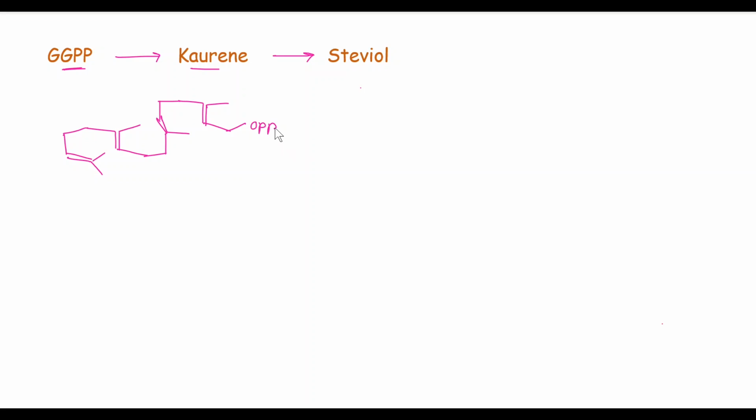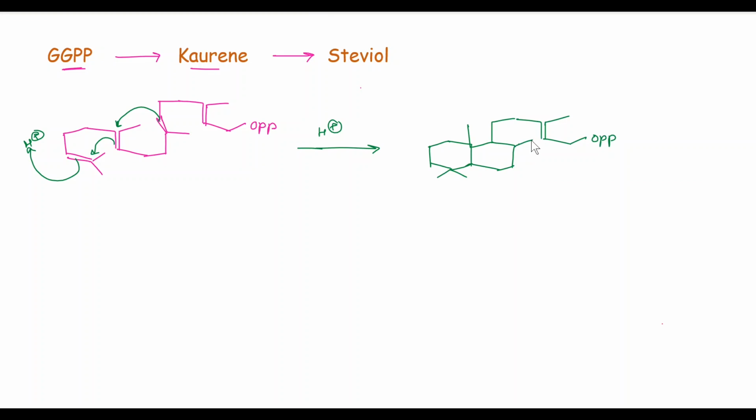Then in the first step, protonation takes place with cyclization. This double bond attacks on this double bond, and this double bond attacks on this double bond, and protonation of this double bond takes place with cyclization, and we get a positive charge. In the next step, minus H plus takes place, that is loss of this proton.